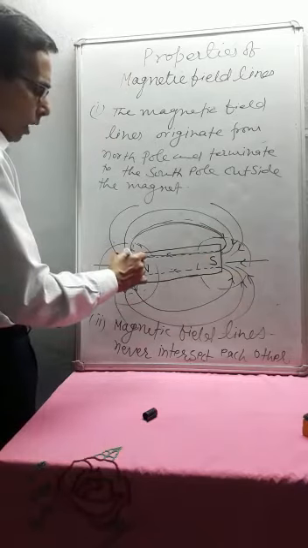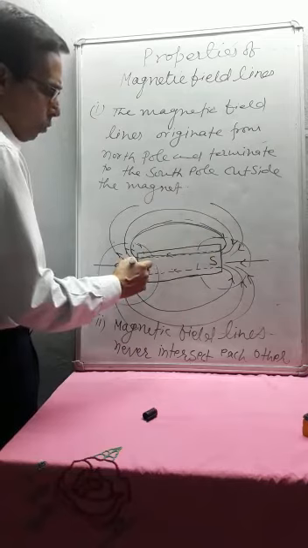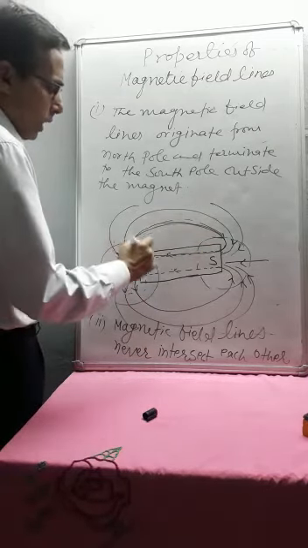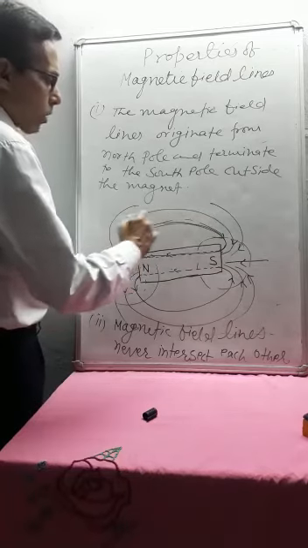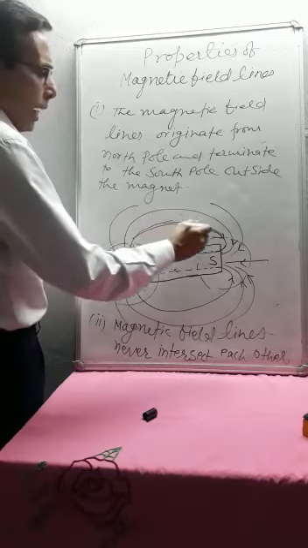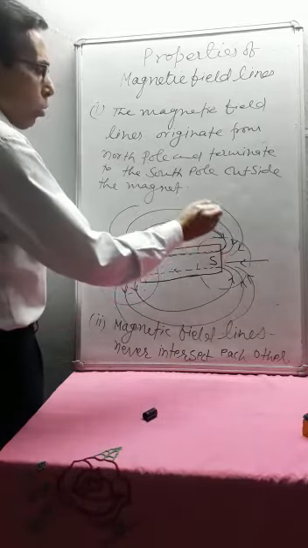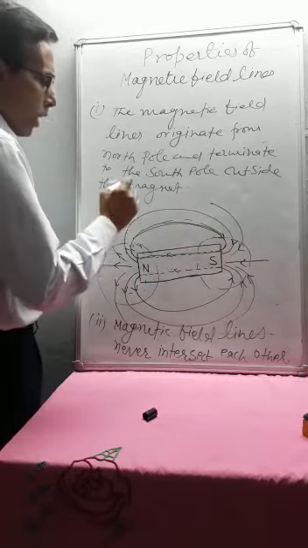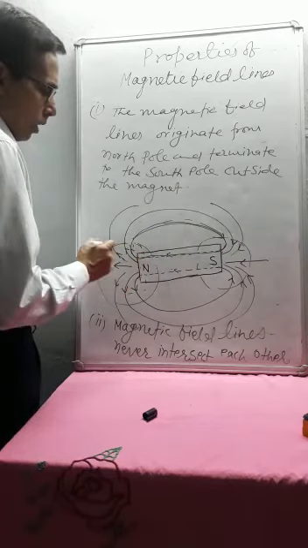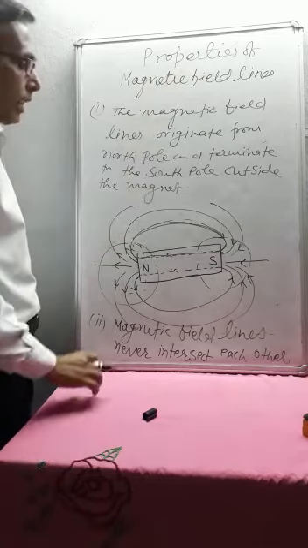But as we move away from the poles, it becomes wider. So the magnetic field lines that are away from the North Pole or South Pole are wider. So strength of magnetic field decreases as we move away from the poles. So these are the properties of magnetic field lines.